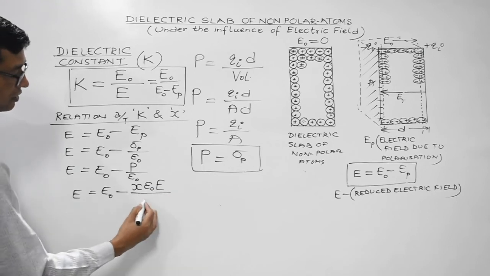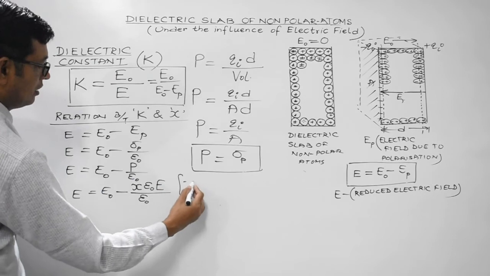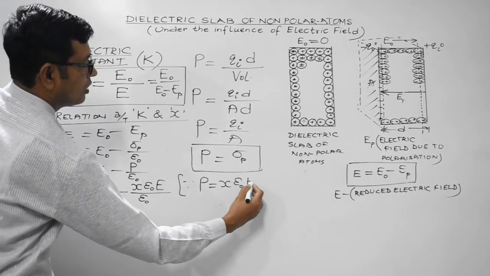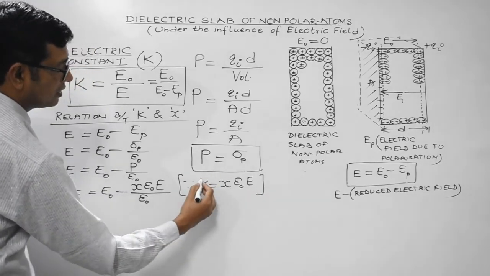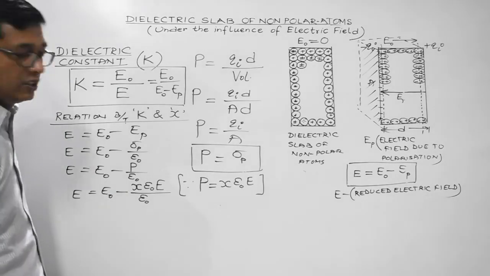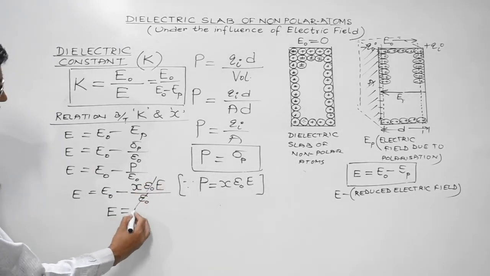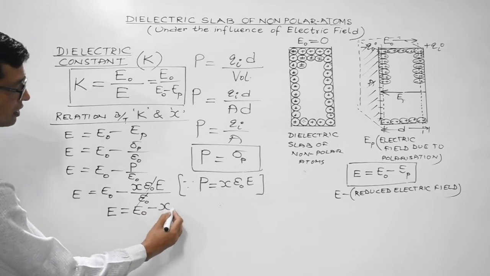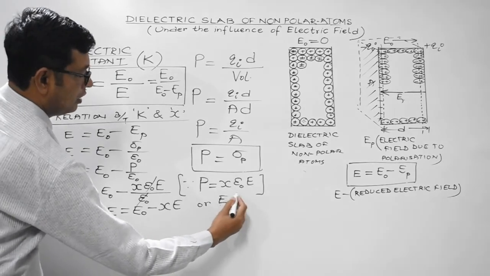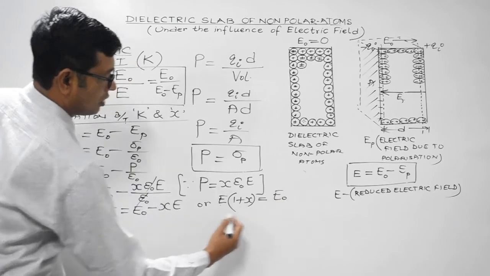Just now we have discussed this. Here chi is the electric susceptibility, since polarization density is chi epsilon E. That is what I have substituted over here, so epsilon gets cancelled. So what do we get? E is equal to E naught minus chi E, or E times 1 plus chi is equal to E naught.